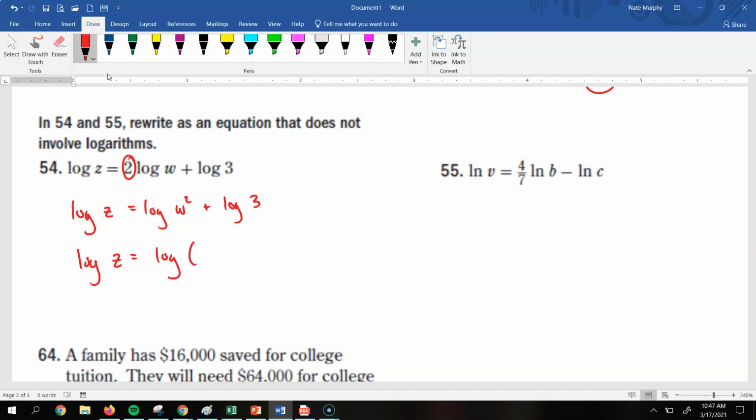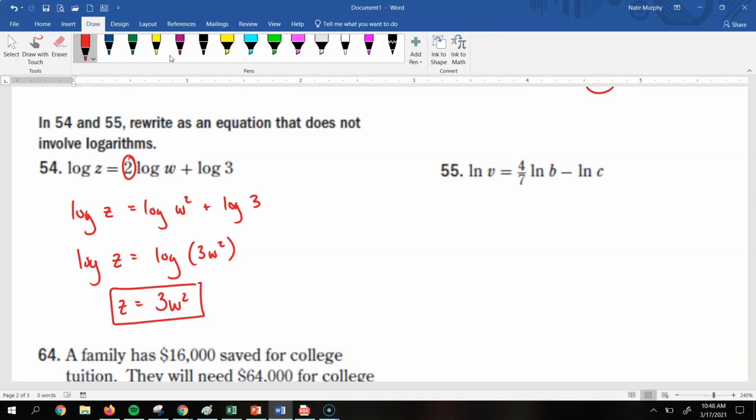So I'm going to put the 3 first. It'll be 3w squared. Now I could use the inverse log of both sides to get rid of the logarithm. So we would just have z equals 3w squared. And that's it. That's all you can do for that problem. So that would be your answer for 54.